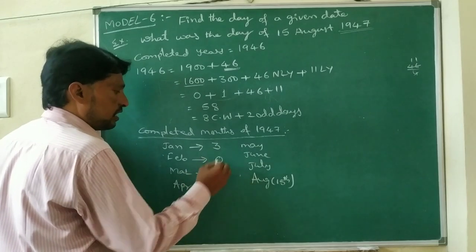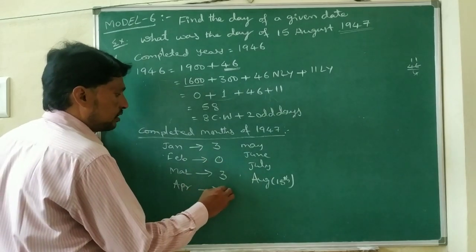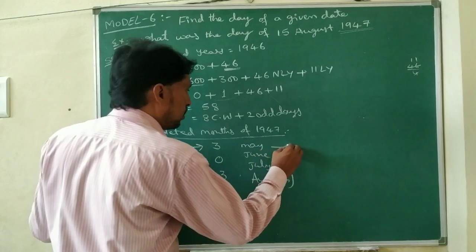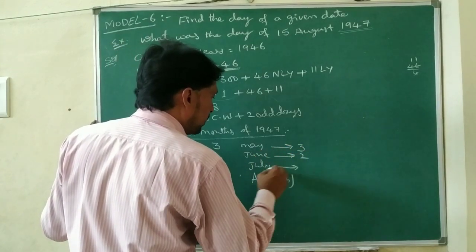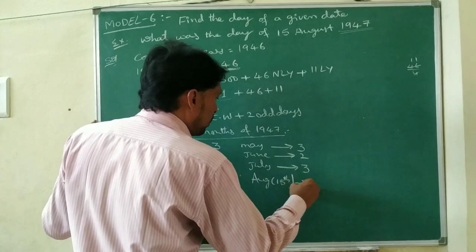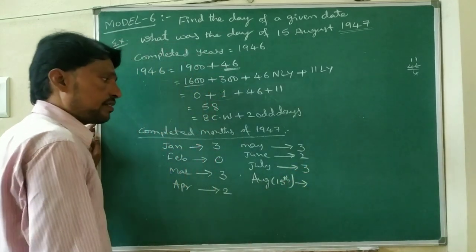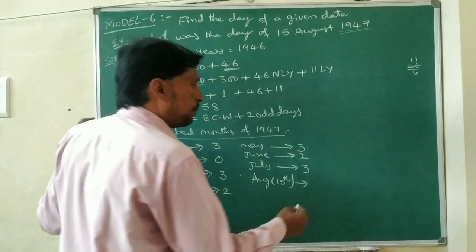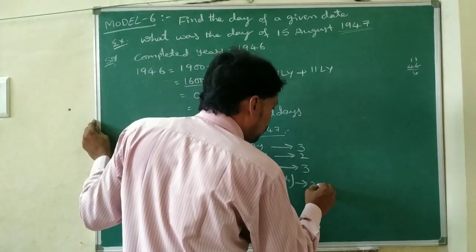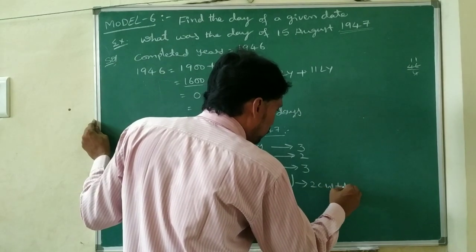March, odd days will be 3. April 2. May, odd days will be 3. June 2. July 3. August, only 15 days we have to calculate: 2 complete weeks plus 1 odd day we are getting.